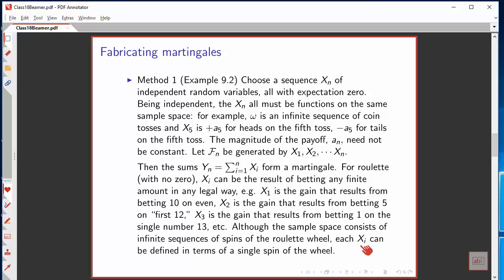Each of these x sub i can be specified in terms of a single spin of the wheel, but the sample space consists of this uncountable set of infinite sequences of spins.